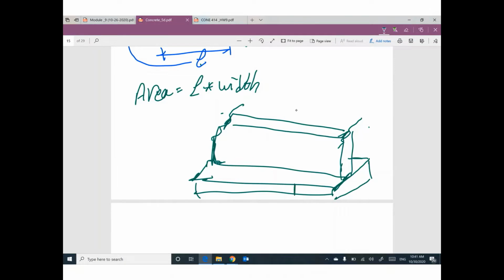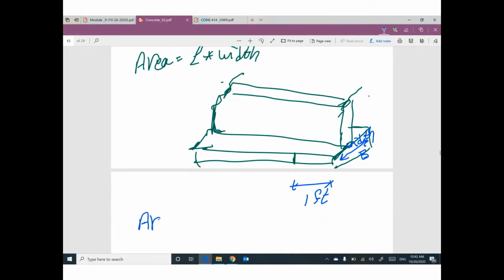I'm going to assume unit length, 1 foot, and I'm looking for the width, which is B. So the area required for this footing will be 1 foot times B.